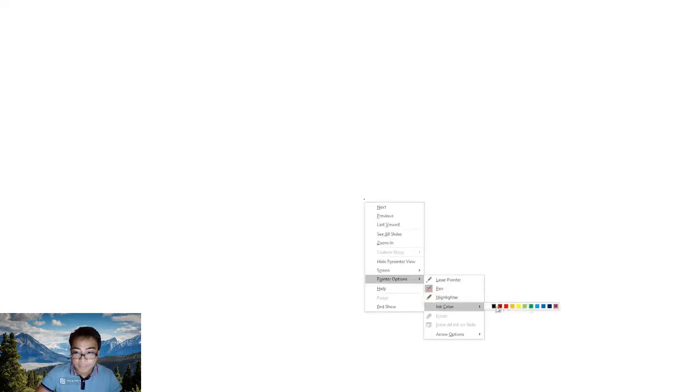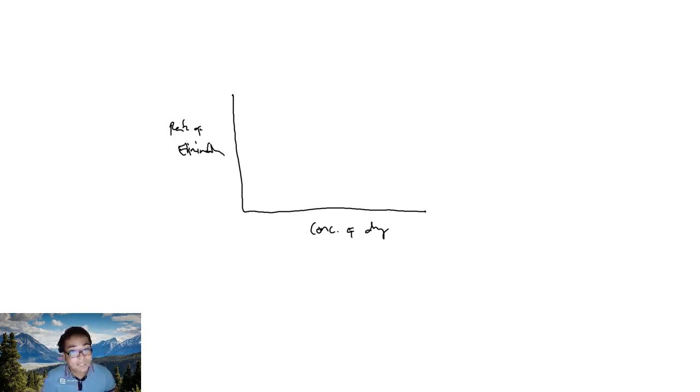So if you can still remember, class, if this is our curve, papalitan natin yung data natin dito, ha. Okay, this is the concentration sa x-axis. Tapos rate of elimination dito sa y-axis. So, increase, increase.